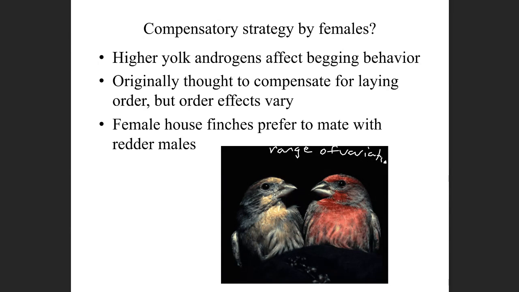These are both males from least to most red. Females prefer to mate with redder males. One of the first things that he showed was that bib coloration is in some ways an environmentally determined trait because it depends on the amount of carotenoids they're able to get from their food.